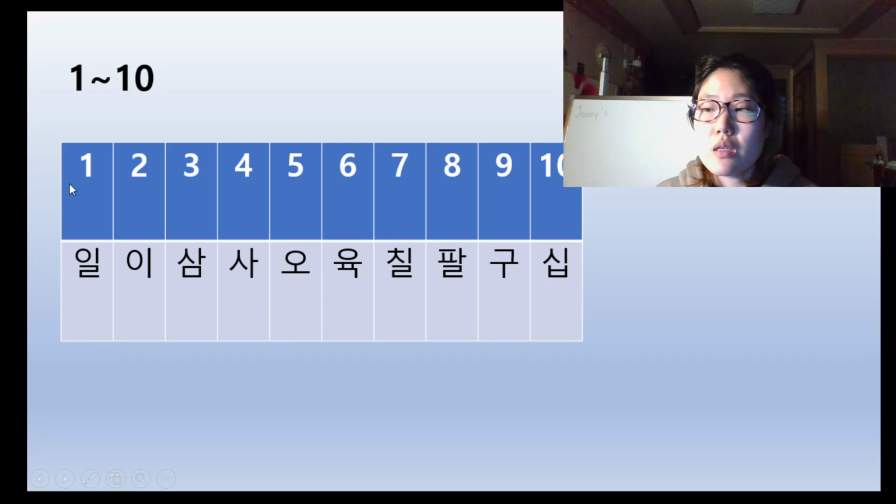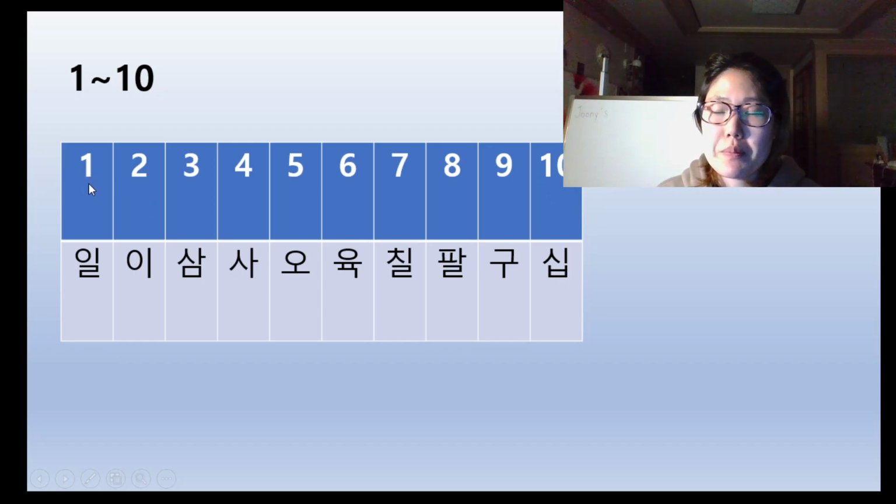Listen. One in Sino number is il. Two is i, three is sam, four is sa, five is o, six is 육, seven is 칠, eight is 팔, nine is 구, and ten is 십.